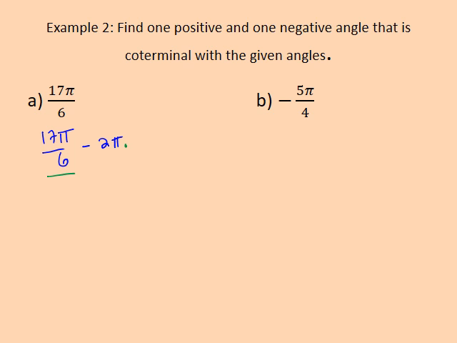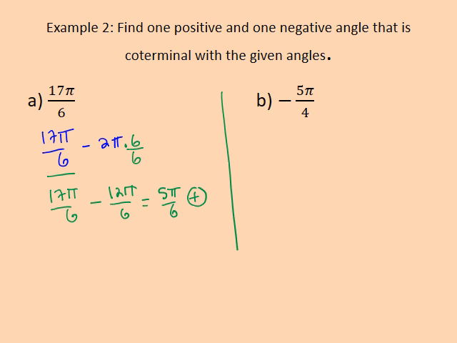Since my common denominator is 6, I'm going to multiply 2 pi by 6 over 6. So I have 17 pi over 6 minus 12 pi over 6, which gives me 5 pi over 6, which is my positive coterminal angle.